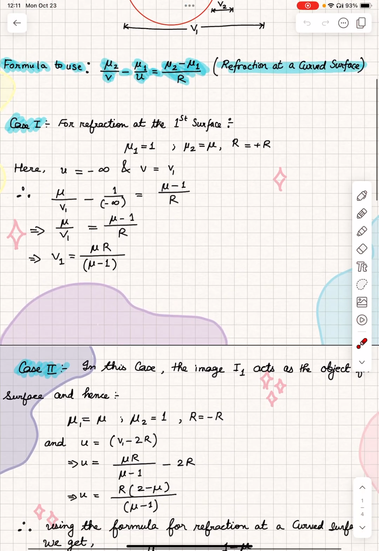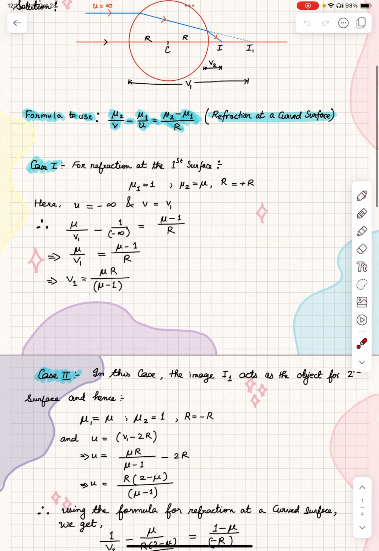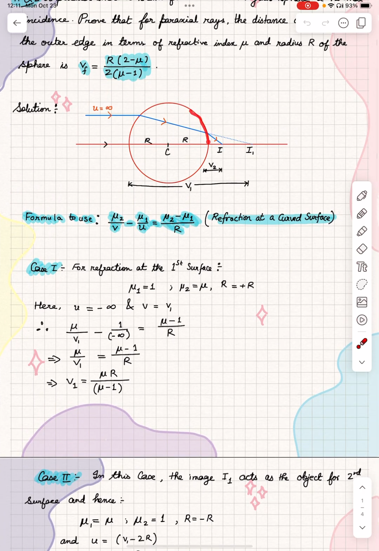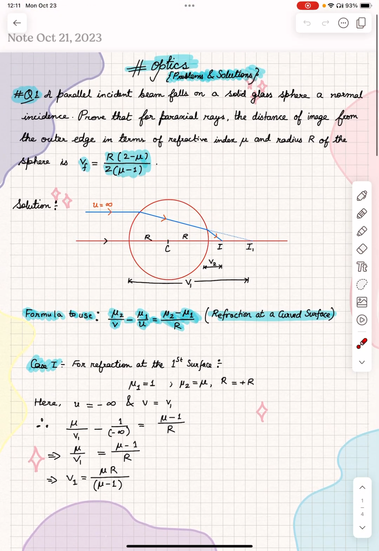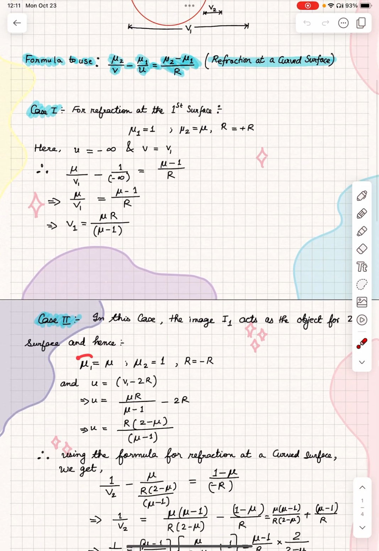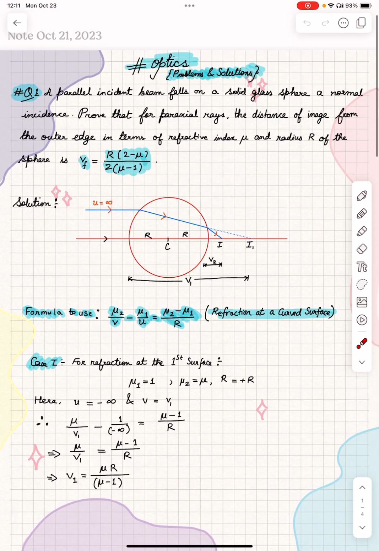So now come to case 2, where the refraction is happening at the second surface. In this case, by the way, this virtual object is in this medium. Please mind it. The virtual object is in this medium, which has a refractive index mu. So the sign convention is positive. The image is formed in a region of refractive index 1.